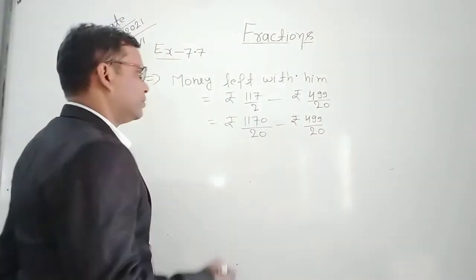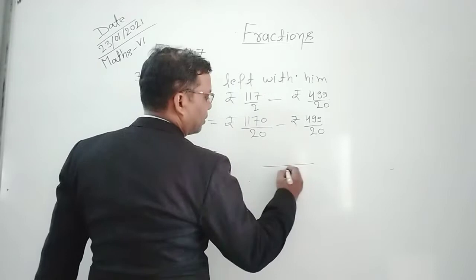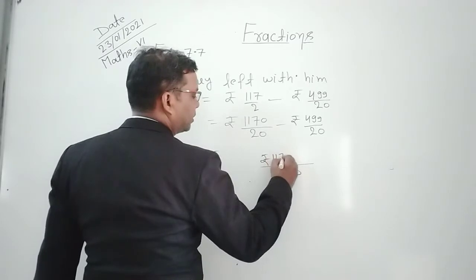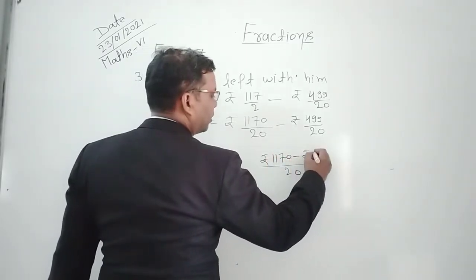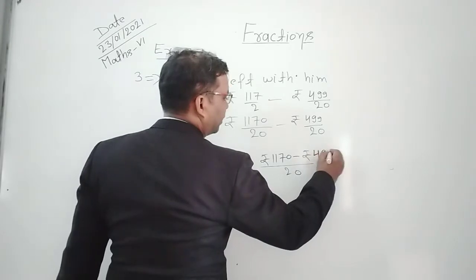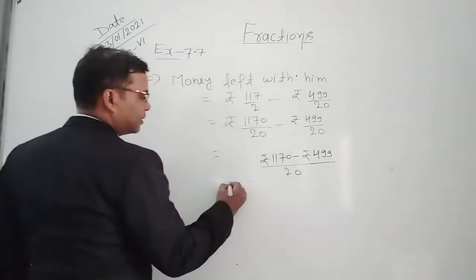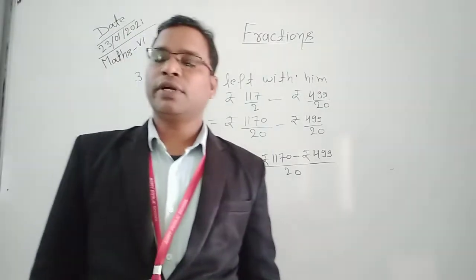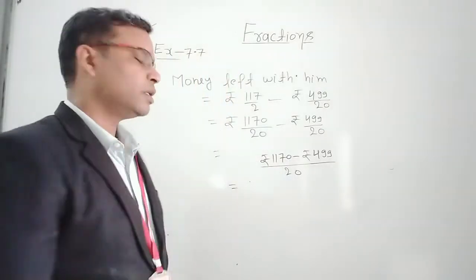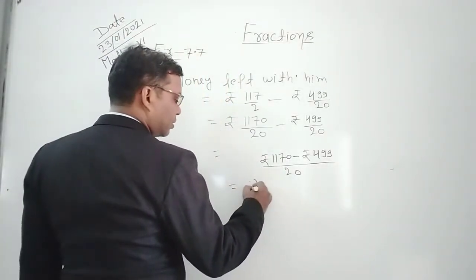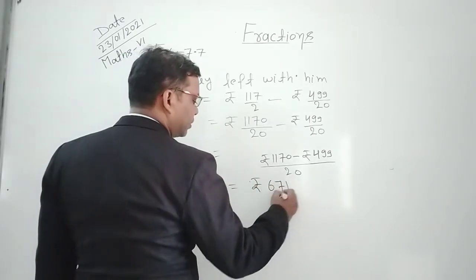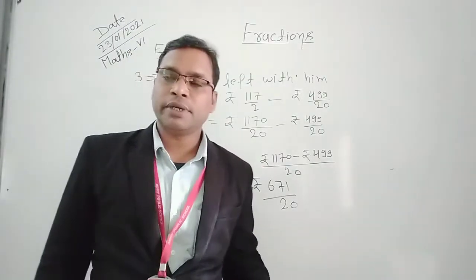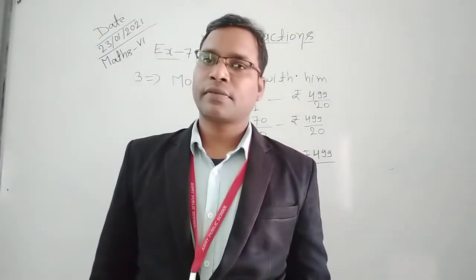Okay. Now their LCM is 20, and you can write here 1170 minus 499. Clear? If you subtract them, you get 671. Then you get rupees 671 by 20. This is the amount of money left with the laborer.